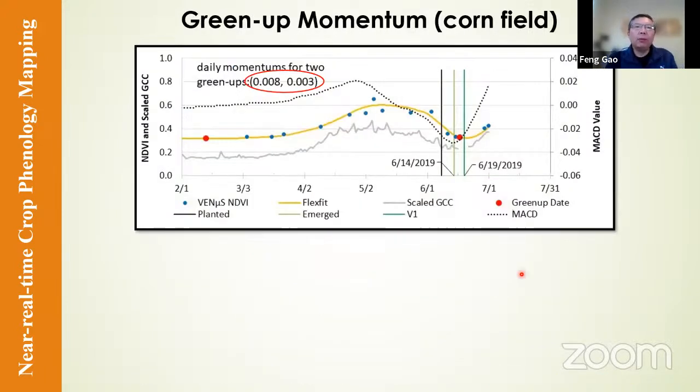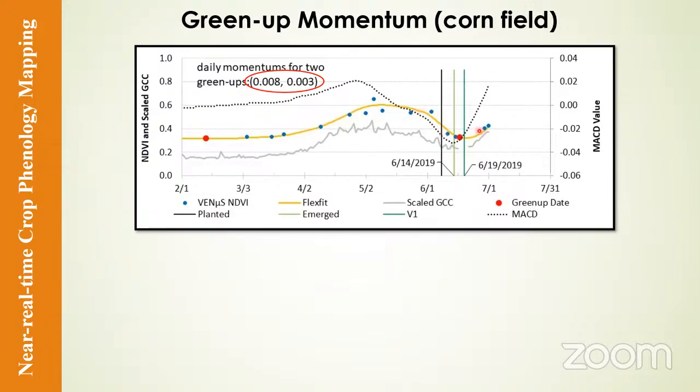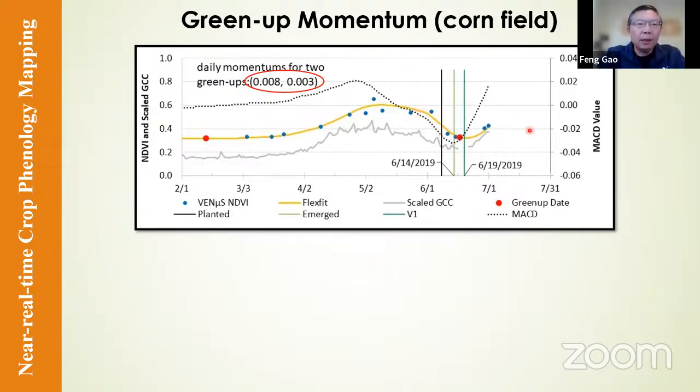An example from a cornfield near our research area. As you can see, we have very limited observation until mid-June. In this time series, the dots are Venus data. Venus is an experimental mission by France and Israel.